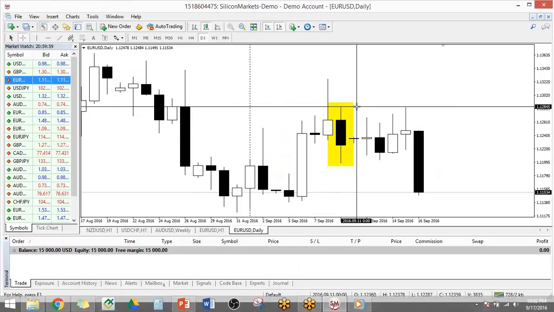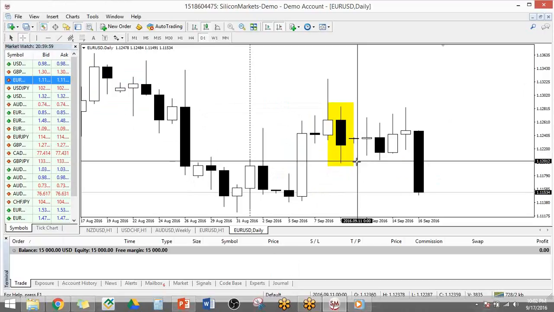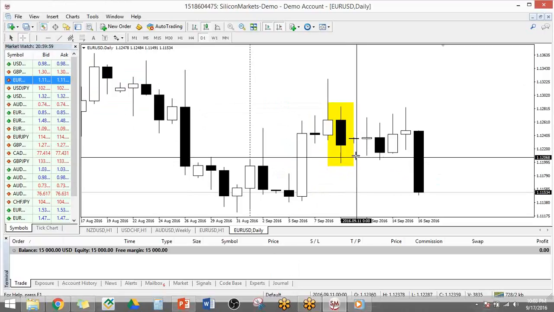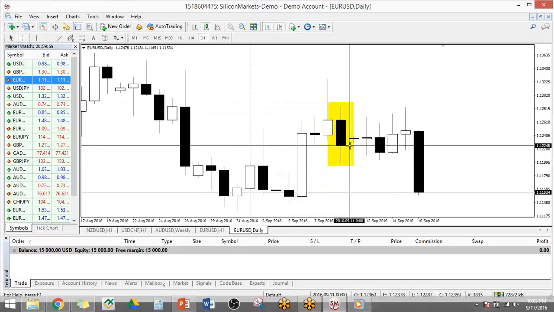It went as high as 1.1284, then went down as low as 1.1197 throughout the day, and closed at this particular price at 1.1248. So that's what happened for the whole day. That's your candlestick anatomy.